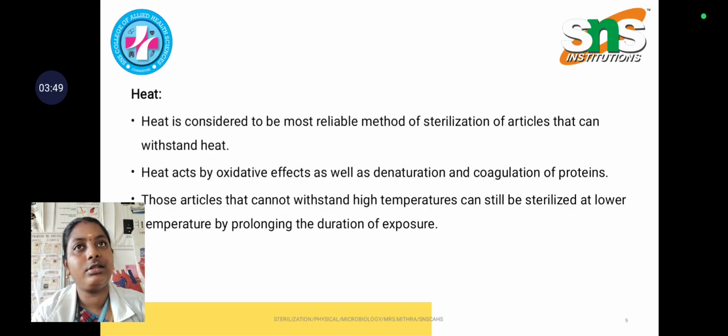They can be sterilized at a lower temperature by increasing the duration. So if it is 100 degrees Celsius for 5 minutes, we keep, for example, 50 degrees Celsius for at least 10 to 15 minutes, so that sterilization can be achieved.